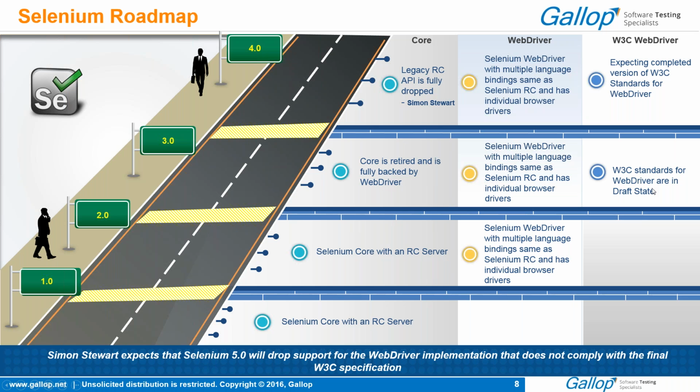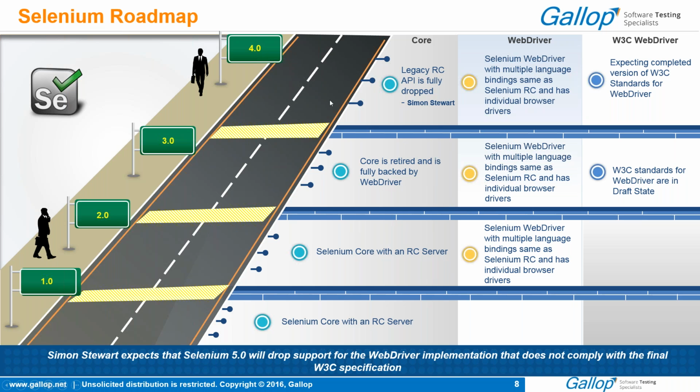So the W3C standards are initiated for WebDriver, and it's in the draft state. By 4.0, we are expecting that even the legacy RC libraries that are separated in 3.0 may be fully dropped. So it is definitely recommended to fully migrate to WebDriver, so that we will be ready for 4.0 as well.